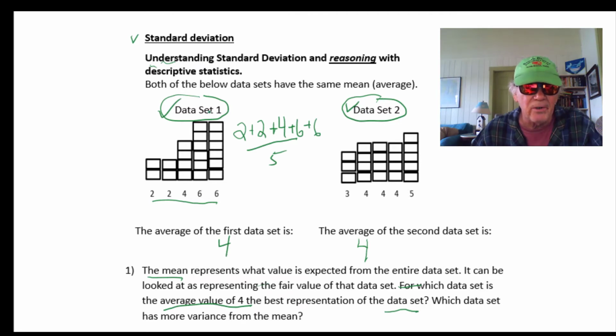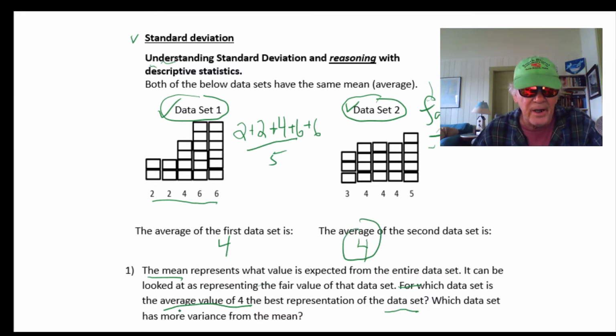So what would you say? Is it data set 1 is 4 the fairest representation, or is it data set 2? You might want to pause and think about it. The answer is data set 2. This one is the fairest representation of the average of 4.